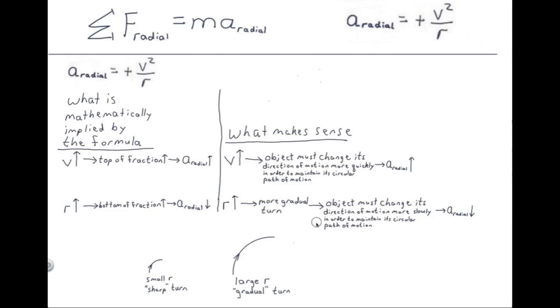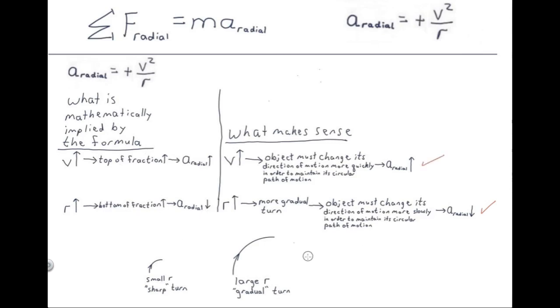If we hold the speed constant, then in a more gradual turn, the object must change its direction of motion more slowly in order to maintain its circular path of motion. So when we increase the radius, holding the speed constant, it does indeed make sense that the radial acceleration must be smaller, just as this formula predicts.